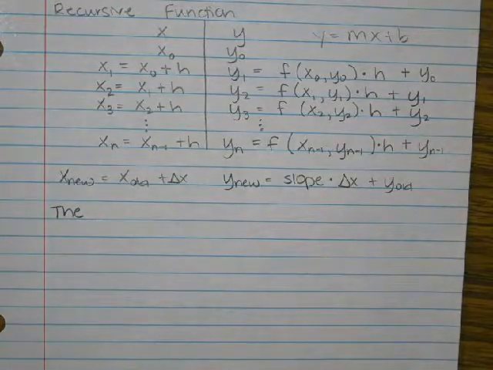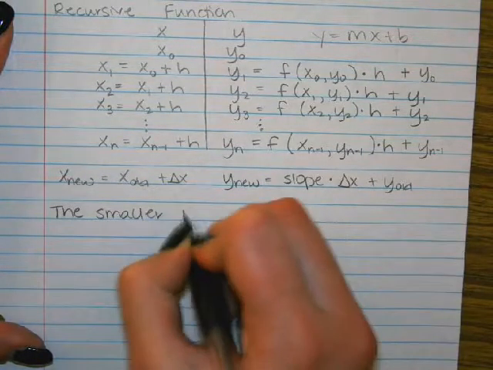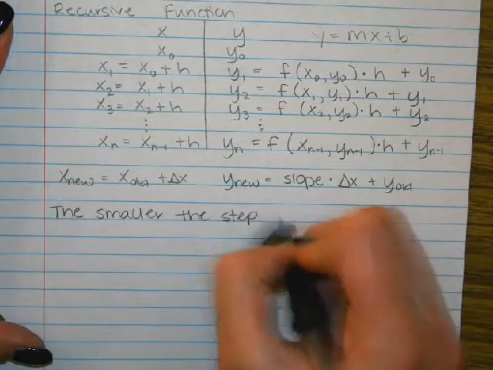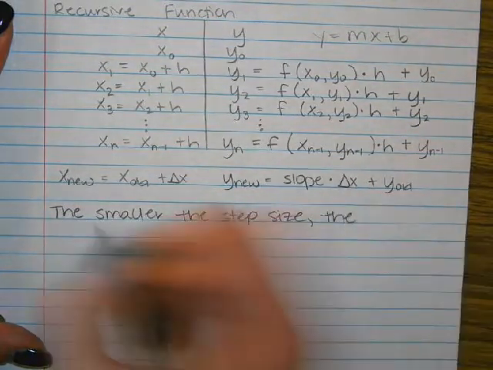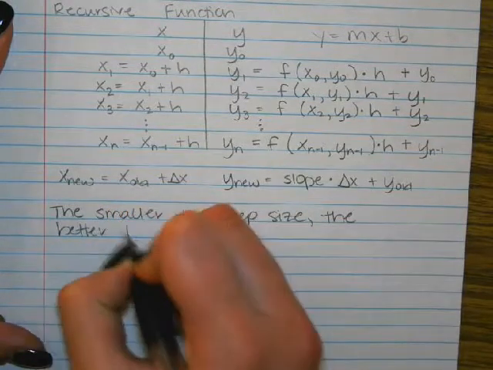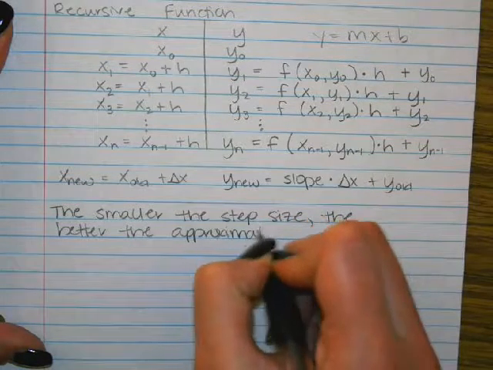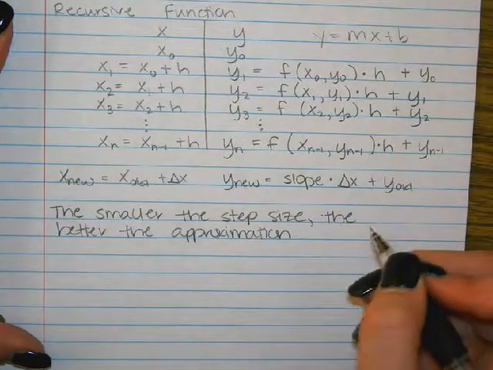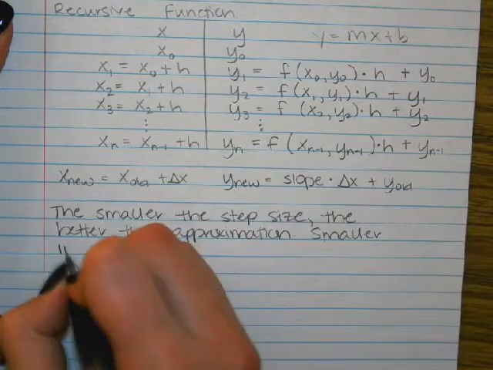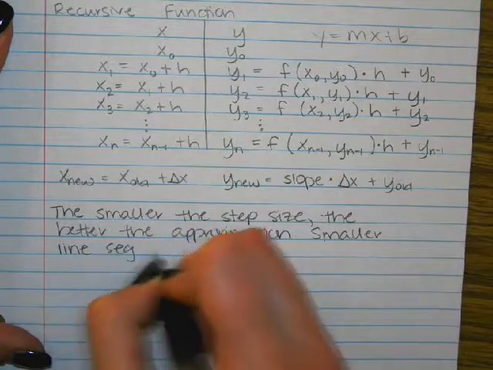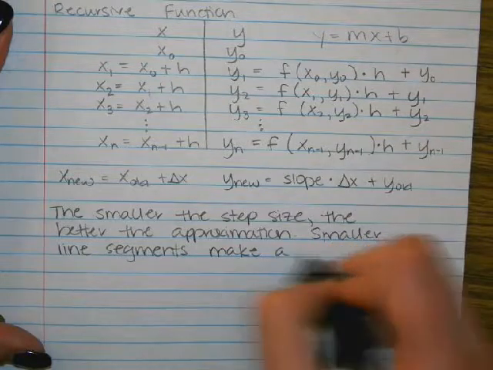Okay. So we're going to say the smaller the step size, the better the approximation. And that's because smaller line segments make a smoother curve.